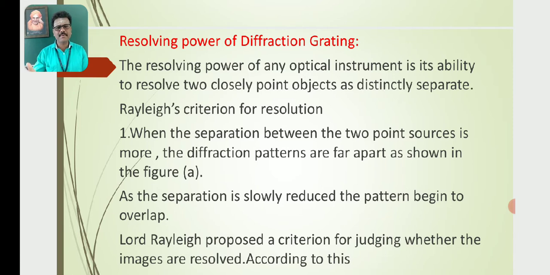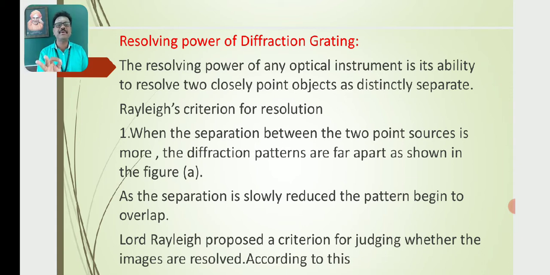Resolving power can be explained based on Rayleigh's criterion. Now we have discussed Rayleigh's criterion for resolution. Here resolution means, indirectly, separation.